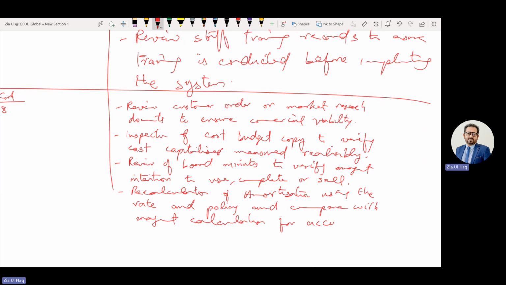The same procedure we write down for verifying depreciation. Recalculation of depreciation using the rate and policy and compare with management calculation for accuracy.